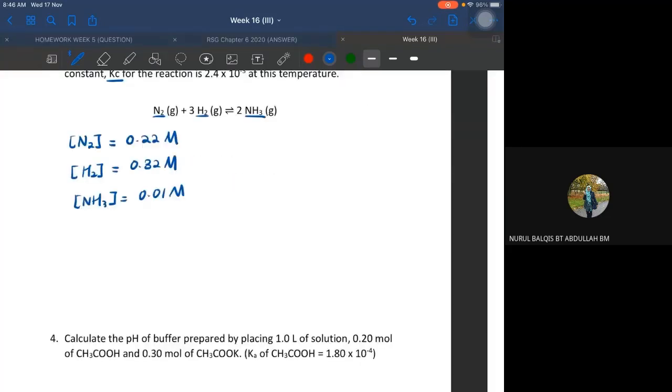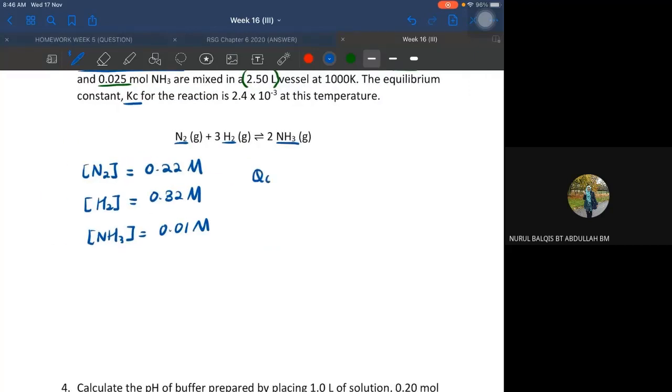And then, what is your Qc expression? NH3 power 2 over N2 times H2 power of 3.